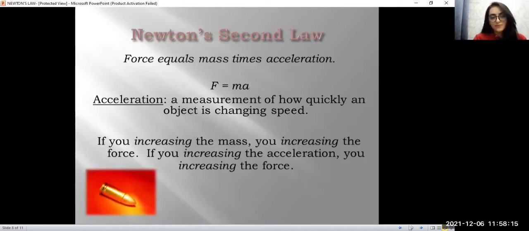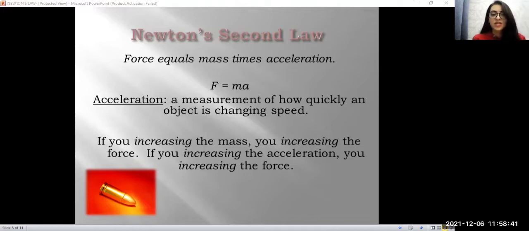Look at the photo. Something very small, low mass, that's changing speed very quickly, like a bullet, can still have a great force.